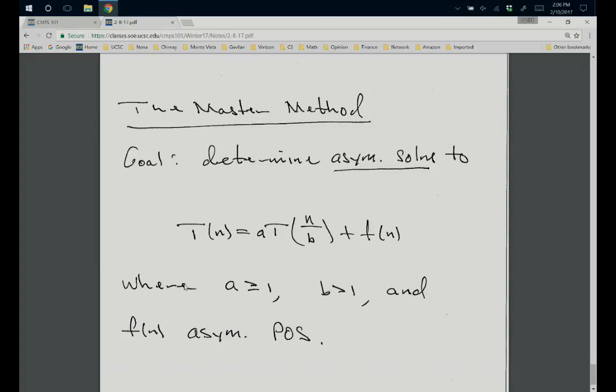So if I were to have something ugly like that, I notice that f of n, this big ugly function, is in the class theta n cubed. So this is the same thing as T of n equals 8 T of n over 2 plus n cubed. So the first step should be to simplify this function as far as you possibly can. And we already did this. This was our first example.